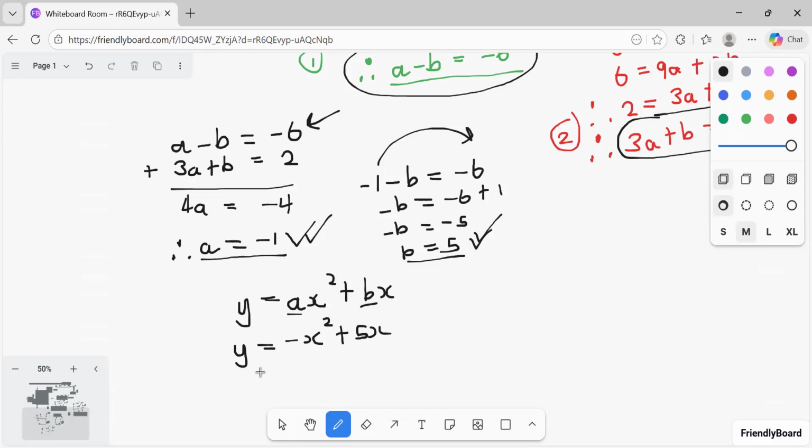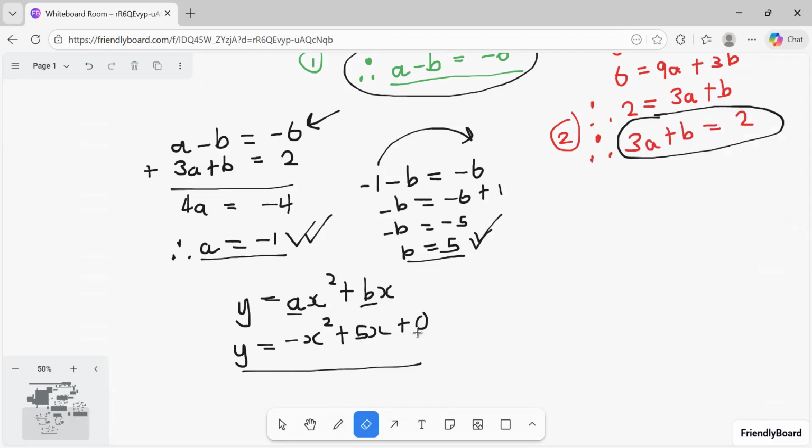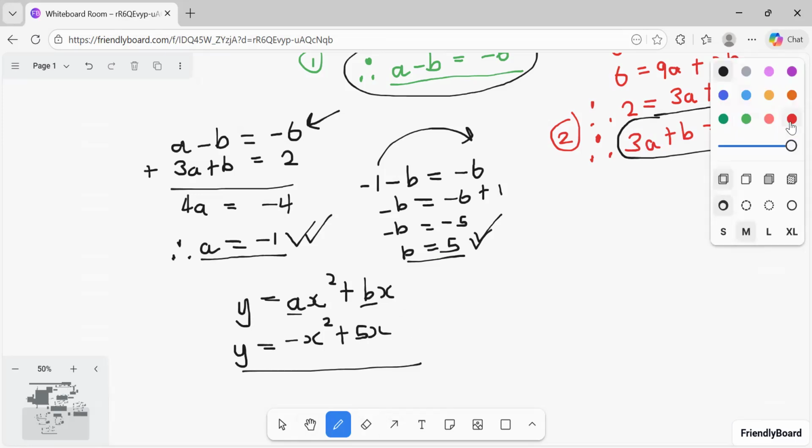So this is my equation. Remember, c is 0, so there's no need to put 0 here. We'll just leave it blank like this. So my equation is y is equal to negative x squared plus 5x.